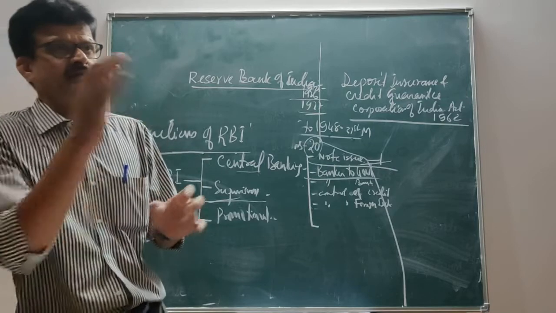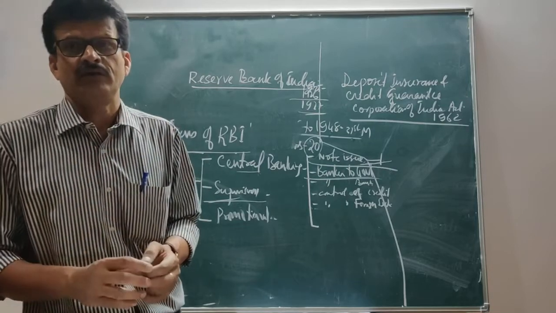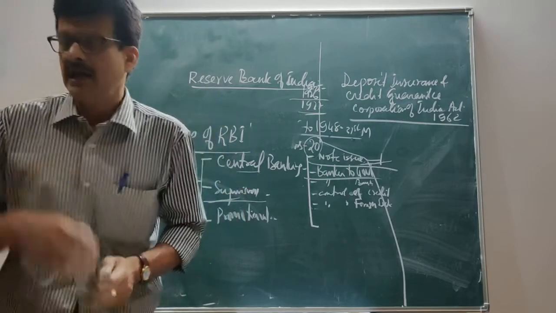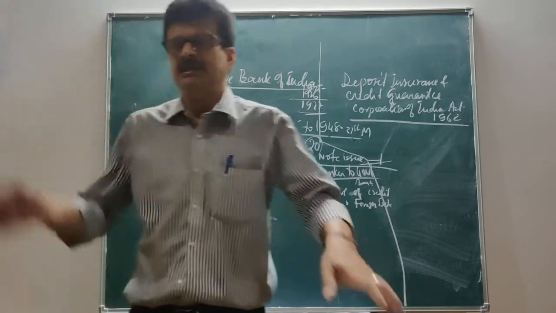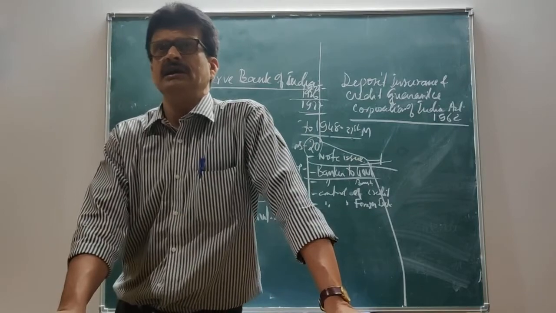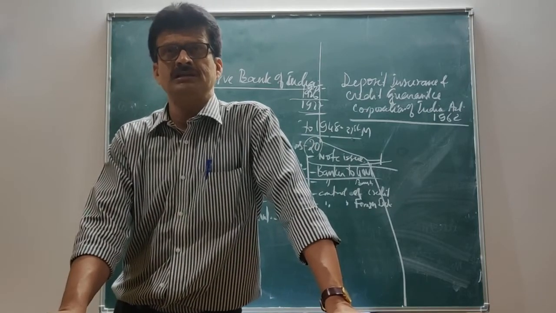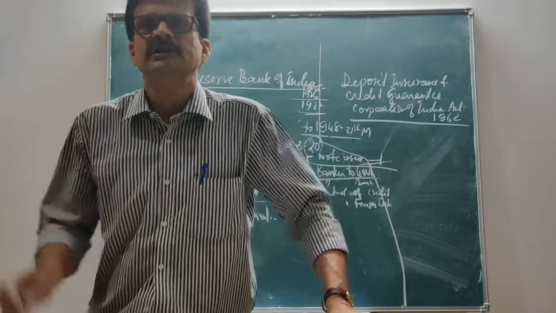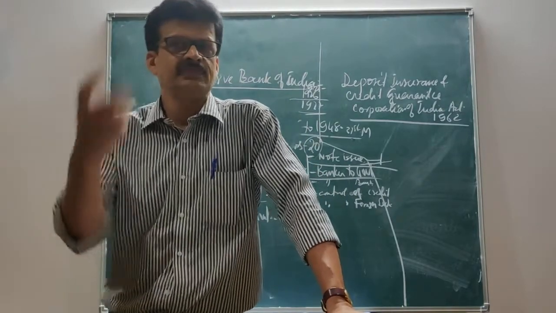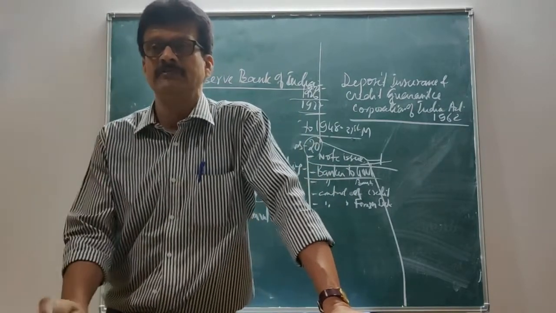But on the very first day, you need it. So government will raise the treasury bill and sell it to commercial bank. When the treasury bill is worth rupees 100 crore, they may be selling it at 95 crore for 3 months, 95 or 90 or whatever it may be.